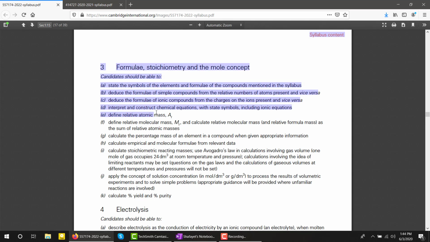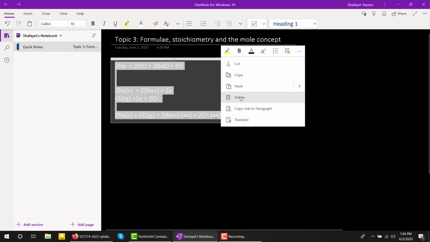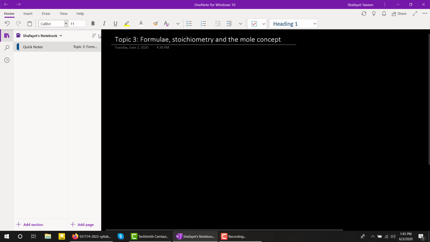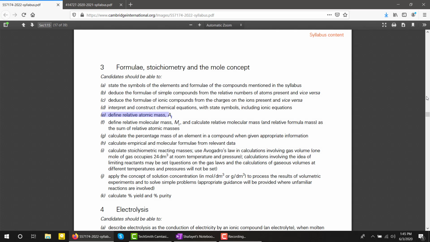So let's consider the periodic table. Let's have a look at our periodic table first.